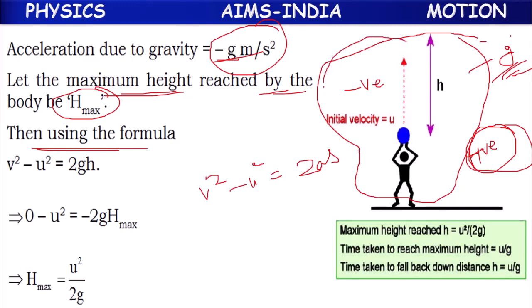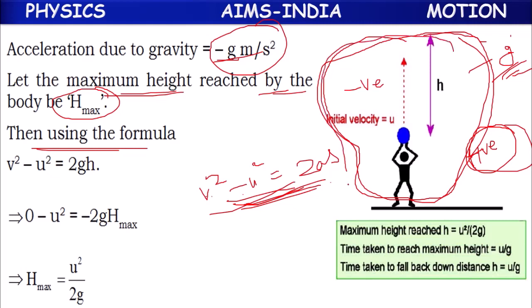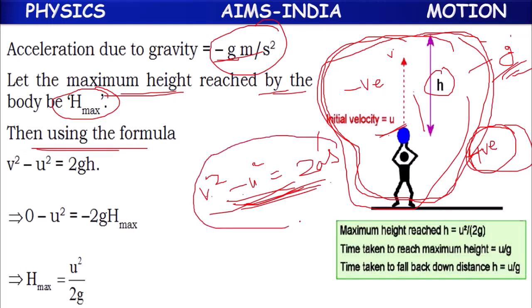So this motion is a uniformly accelerated motion, and we can apply the equations of motion here. One equation is v square minus u square equal to 2as. Because no time is involved in this case, we have initial velocity, final velocity, distance or displacement traveled, and acceleration. That's why this equation is without time.